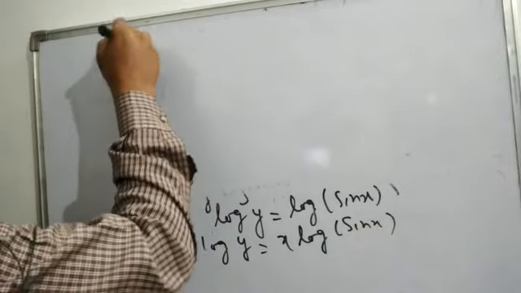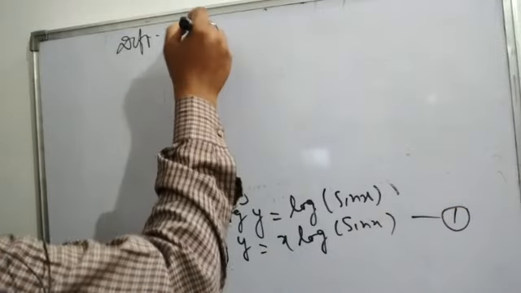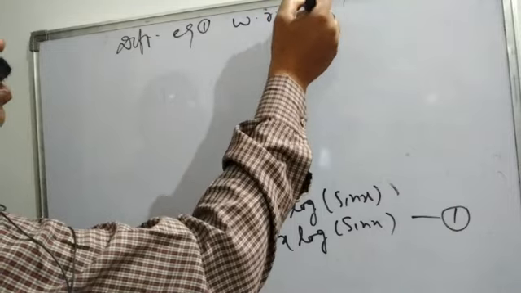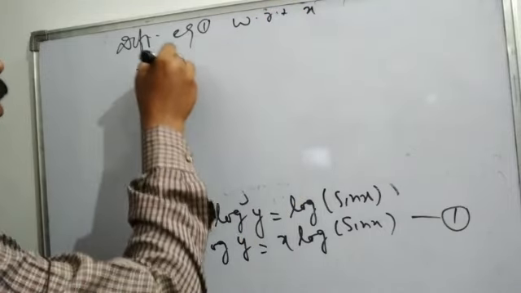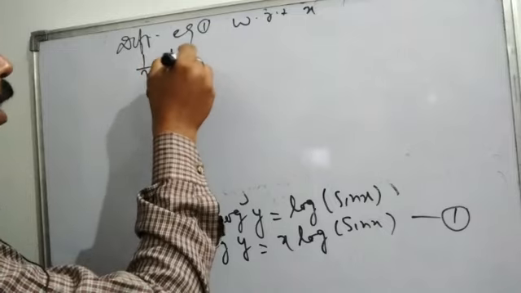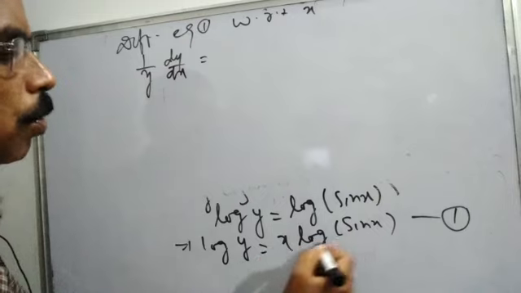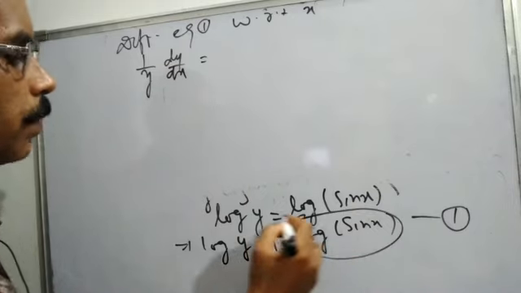So how can we now differentiate this equation? Differentiate the equation with respect to x. What will be the derivative of log y? It will be 1 by y into dy by dx, as y is a function you have to multiply by dy by dx. Then the right side is in product rule, u v format. Suppose the first function is x, and the second function is log sin x.